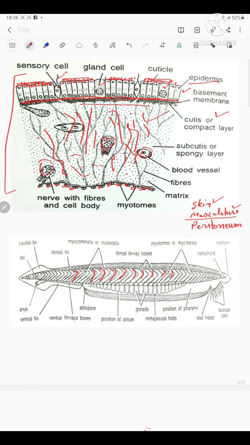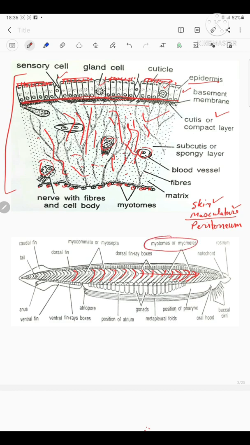and arranged throughout the length of the body in a series of V shapes. These are arranged in V shape. The pointed apex region of the V is toward the anterior direction. V shaped muscle blocks or segments, these are known as myotomes or myomeres.